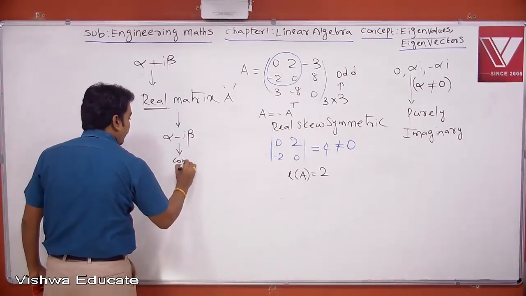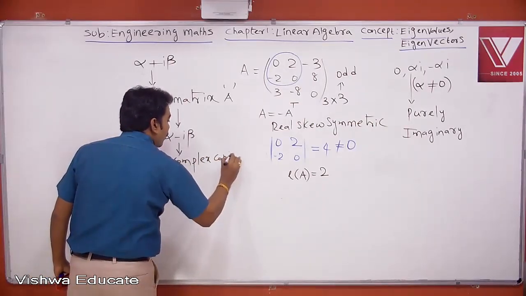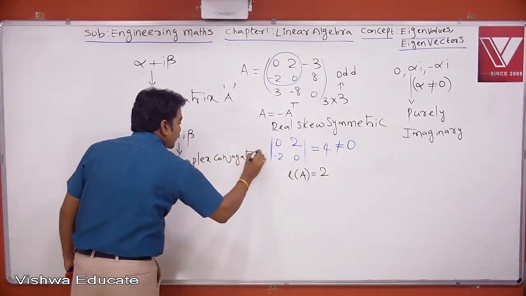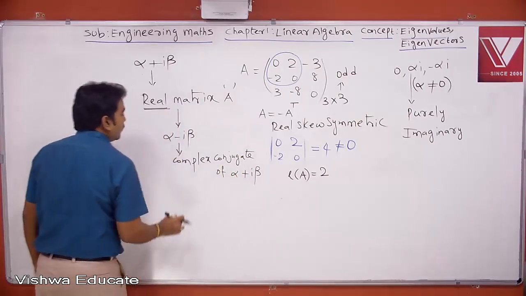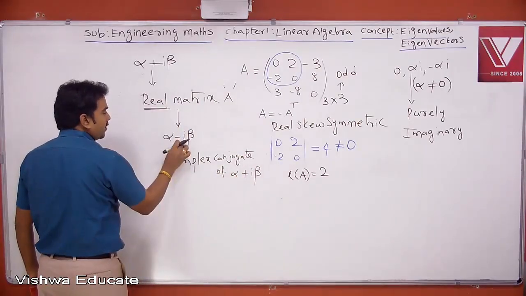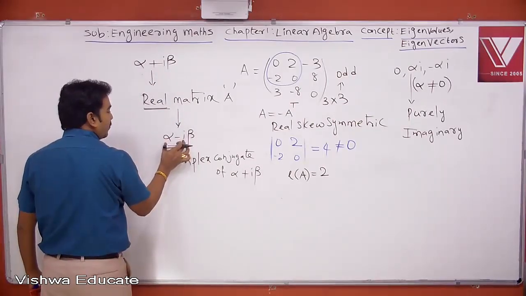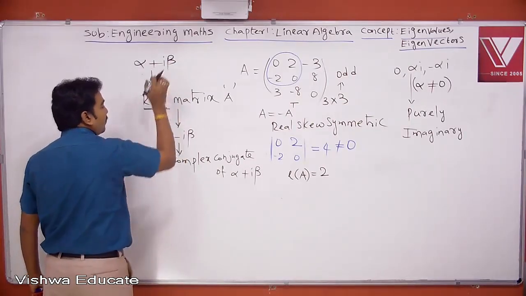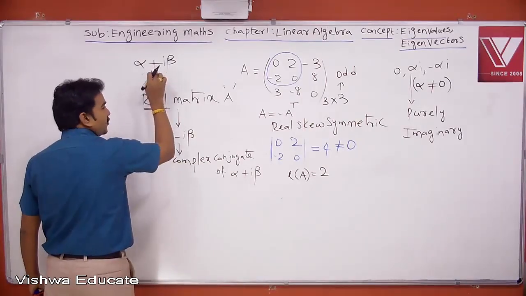Basically this is nothing but the complex conjugate of alpha plus i beta. So replace i by minus i. This is an imaginary number. When you replace i by minus i, you get another number that is called the complex conjugate of this. Because the complex roots will come as pairs.